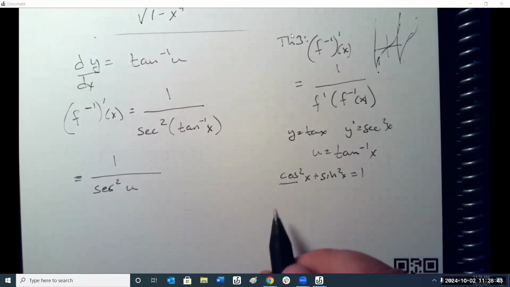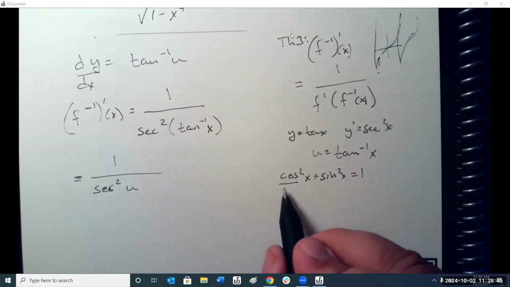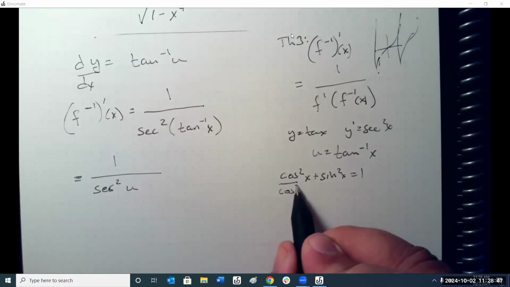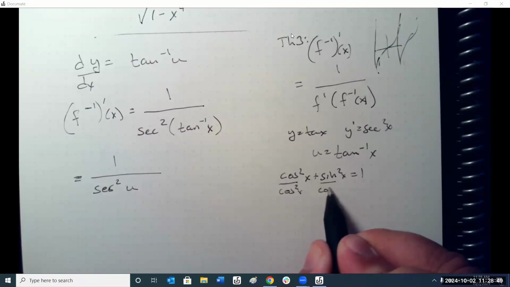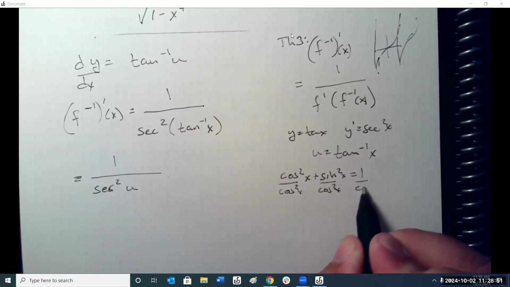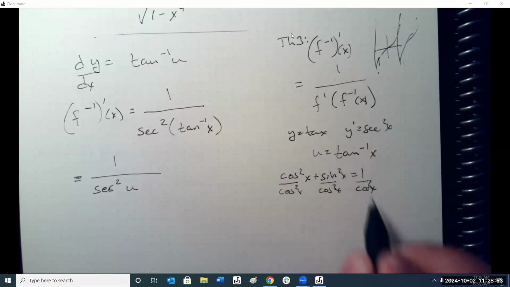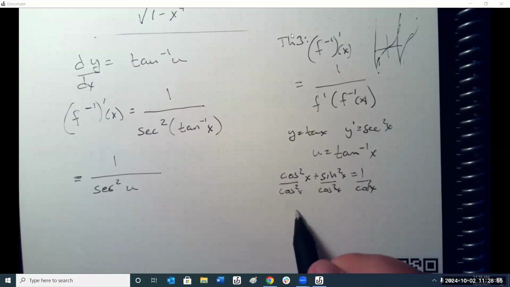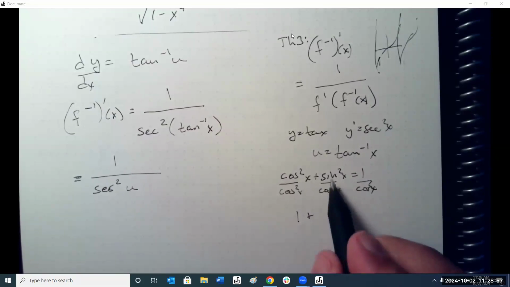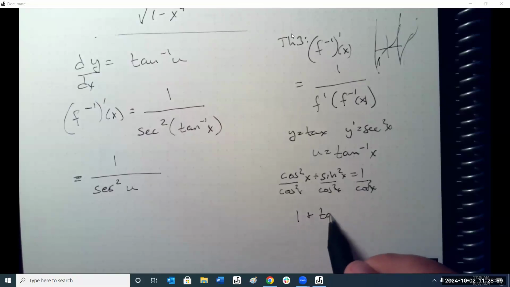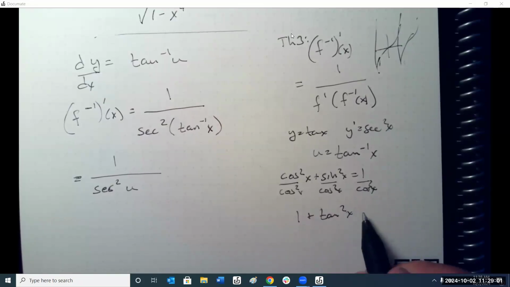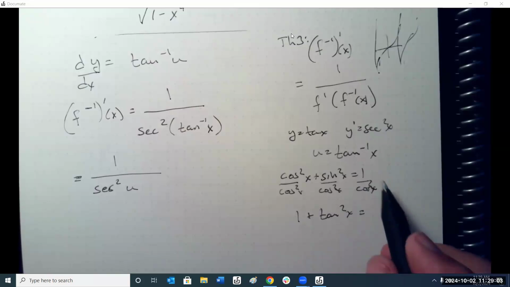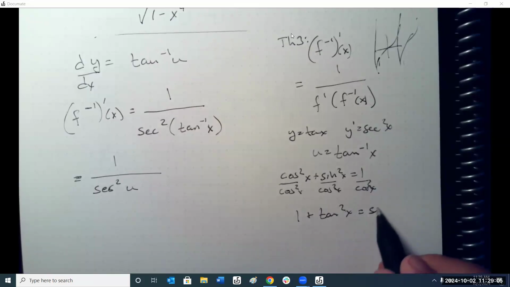So if I divide everybody by cosine squared x, I get 1. Sine over cosine is tangent squared. 1 over cosine is secant squared.